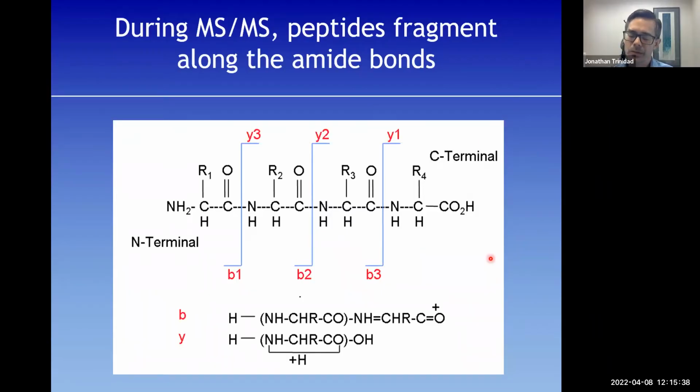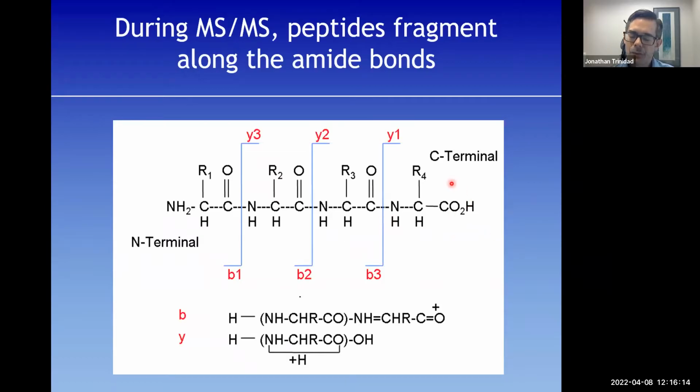So we typically use what's called collision-induced dissociation after we've taken an MS1 scan, identified everything that, let's say, is eluting from our LCMS system at that point, and then the instrument will iteratively select the most intense peptide precursors, isolate them one at a time in the instrument, and then subject them to vibrational fragmentation. When you do this, the weakest bonds in the polypeptide are the ones to break first. Those turn out to be the peptide bonds themselves.